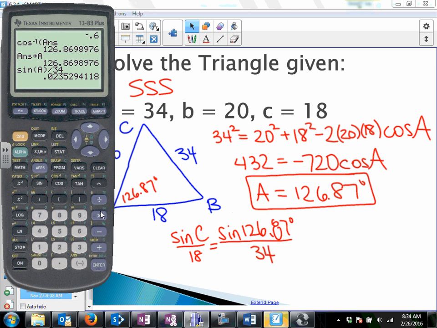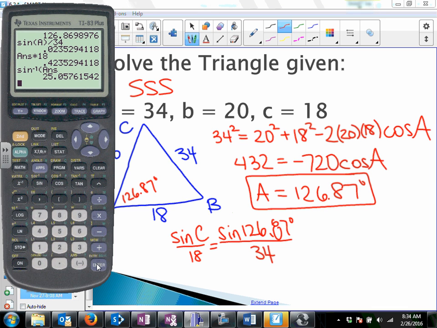And then we have to multiply that 18 over to the other side. And then what do we have to do with that number? Inverse sine of that number. So angle C is 25.06.